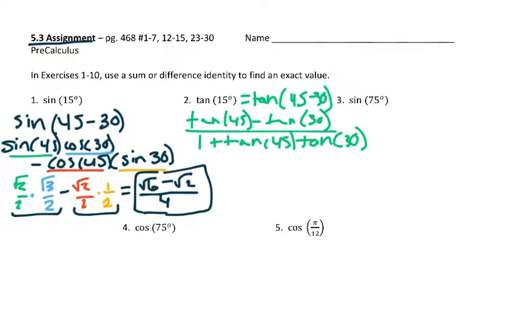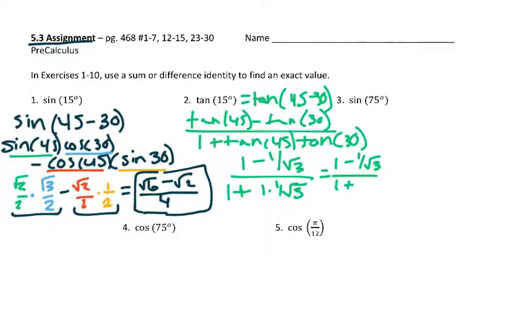So let's see, tangent of 45 is 1, and then we've got 1 over the square root of 3 for tangent of 30, and then 1 plus 1 times 1 over square root of 3. So it doesn't really simplify very nicely, so we'll just have 1 minus 1 over square root of 3, and then 1 plus 1 over square root of 3. And again, we could rationalize that, but it doesn't necessarily change the answer very much.